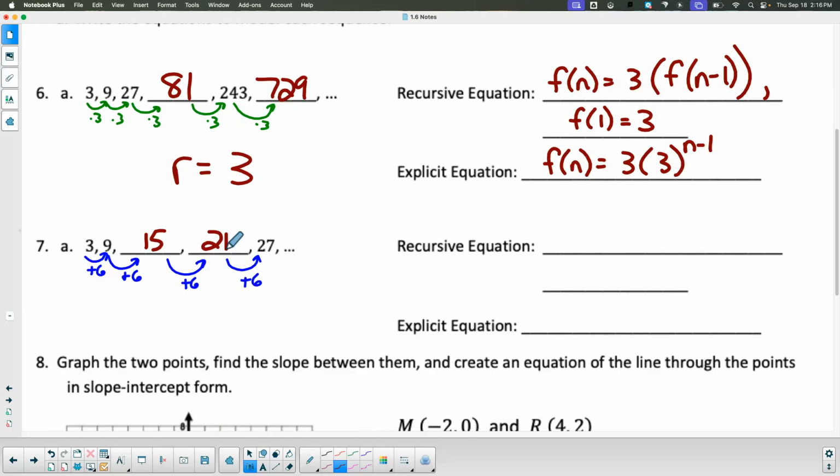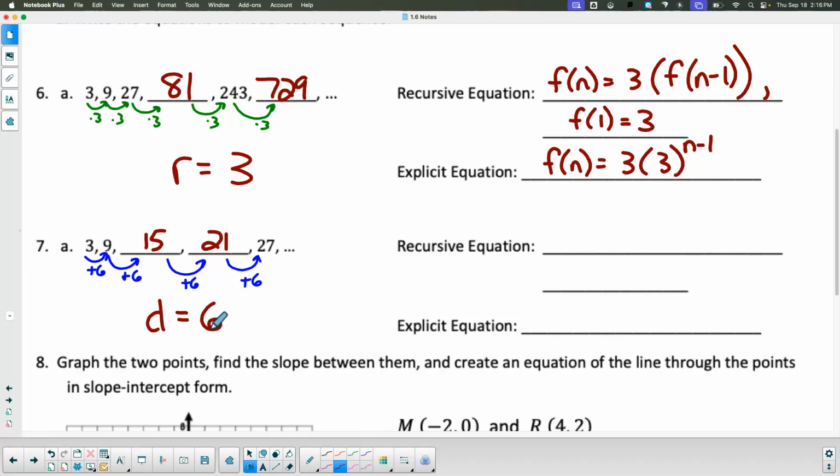Okay? Alright? So is this a common ratio or a common difference? Common difference, and our common difference would be plus 6. Okay? Somebody want to tackle the recursive equation? Go ahead.